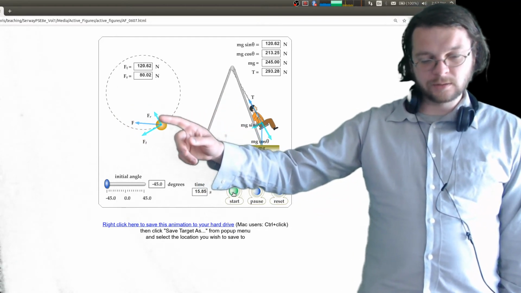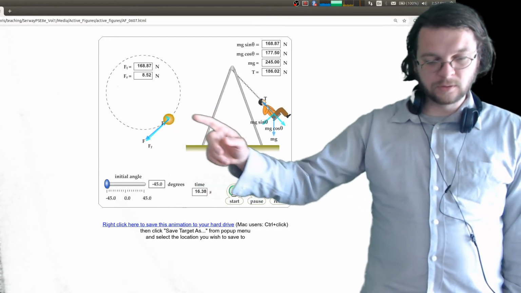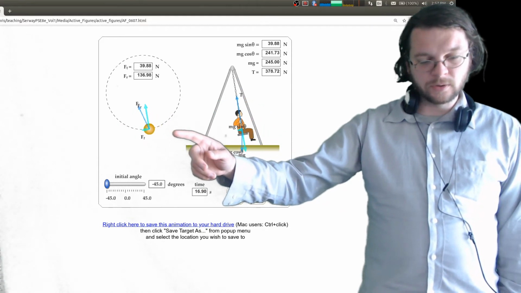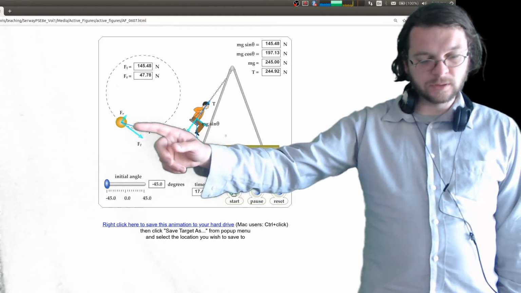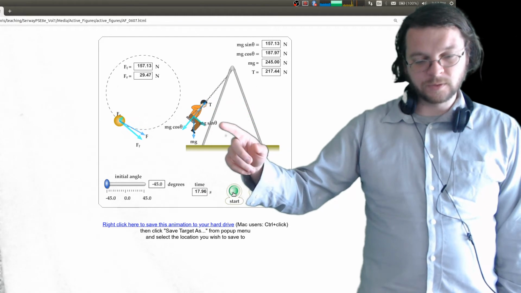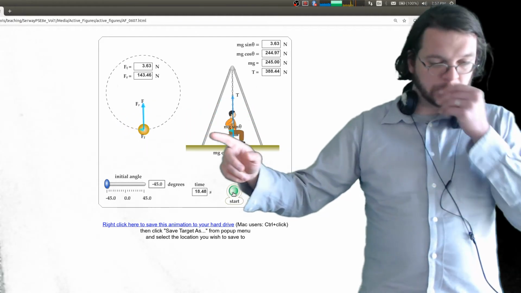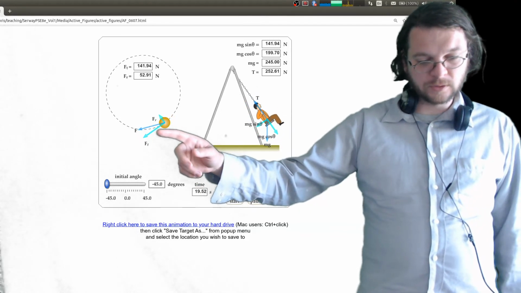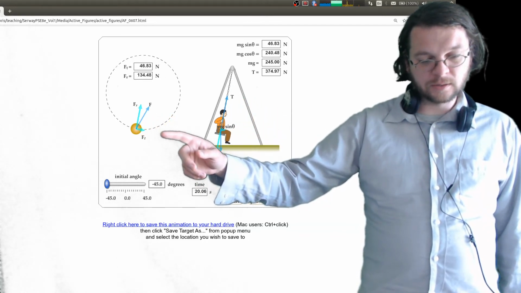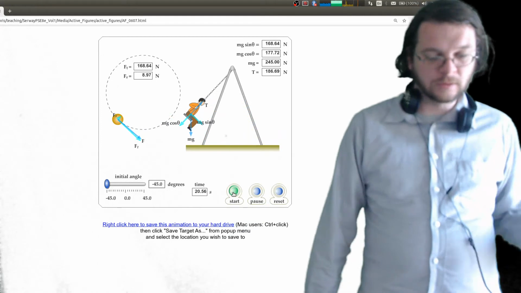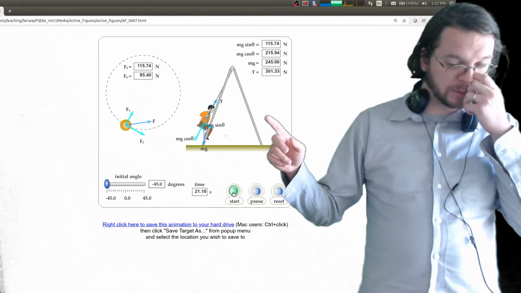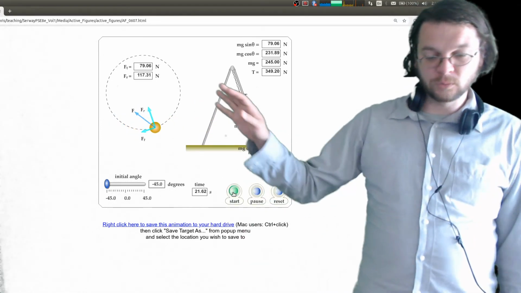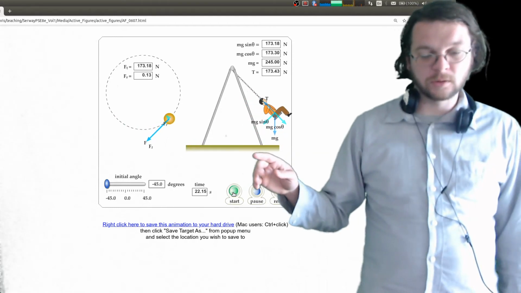And as the thing goes back and forth, you can see that there is a component of the force that is in the direction of the circle. So this mg sine theta is the only tangential force, and so this F_T thing, F_T for tangential, is basically proportional to this mg sine theta, and as sine moves, it gets larger and smaller.